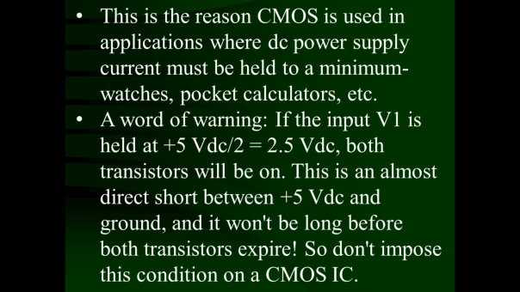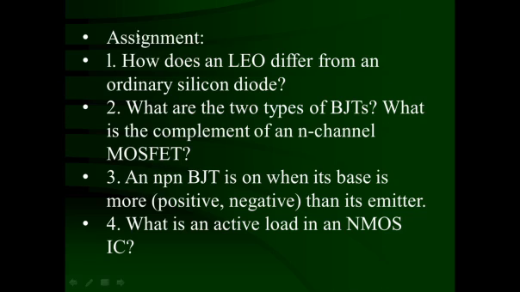That means it is almost a direct short between plus 5 volt DC and ground, and it won't be long before both transistors expire. So don't impose this condition on a CMOS IC. You have to be careful that the input voltage should not be VCC by 2 or VDD by 2, otherwise both transistors will be damaged.